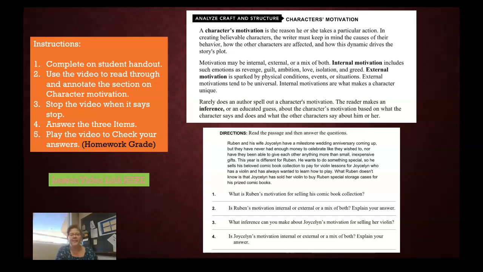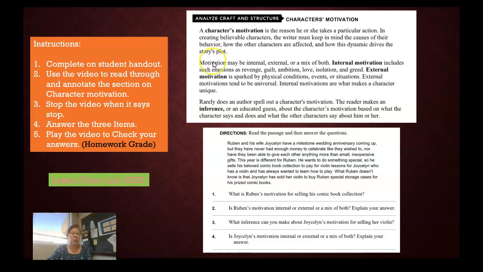Hello, this is day 2 of determining character motivation as you read Act 2 of The Diary of Anne Frank. Your goal is to read the play, and as you read, infer the motivation of characters.